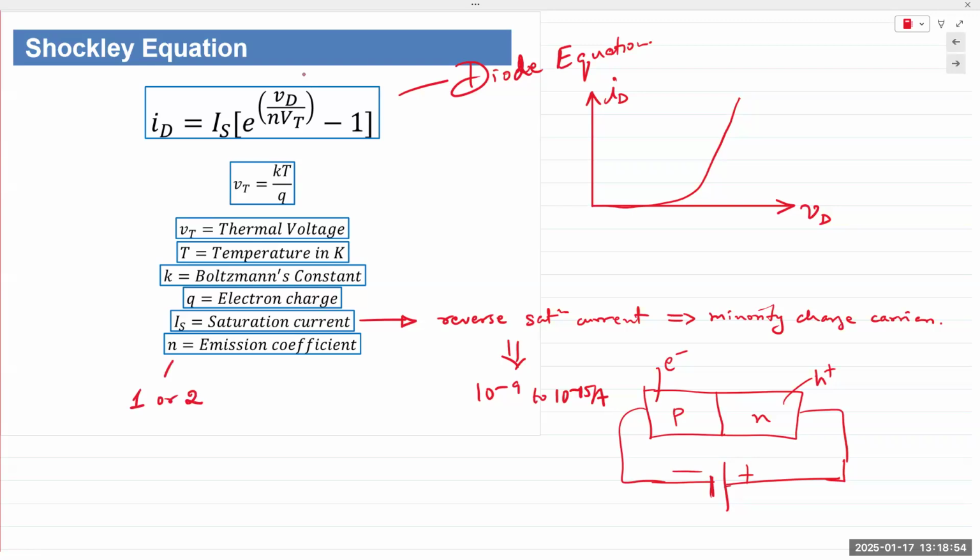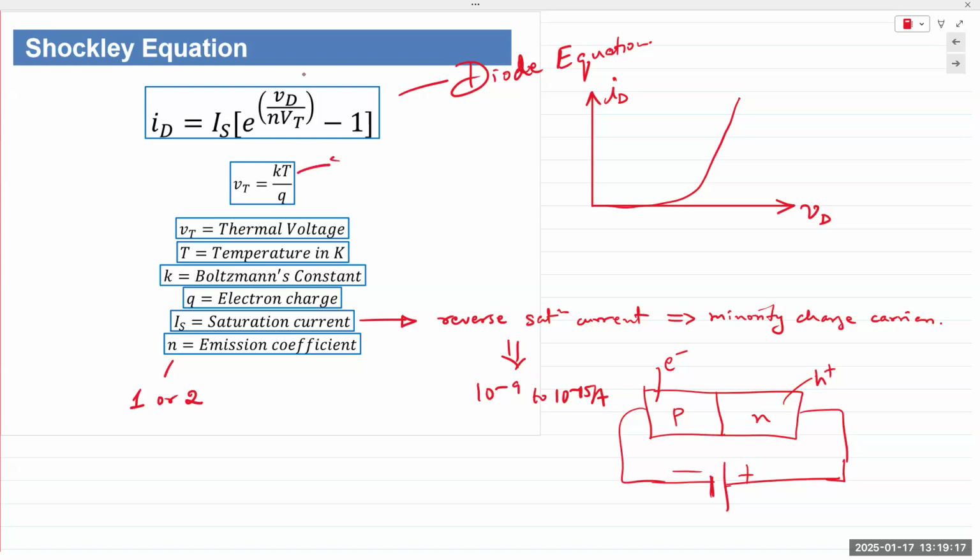For the most part, we simply take the value of N as 1. Hence, we tend to ignore it for many equations. So IS times e raised to VD over N VT, e exponent.